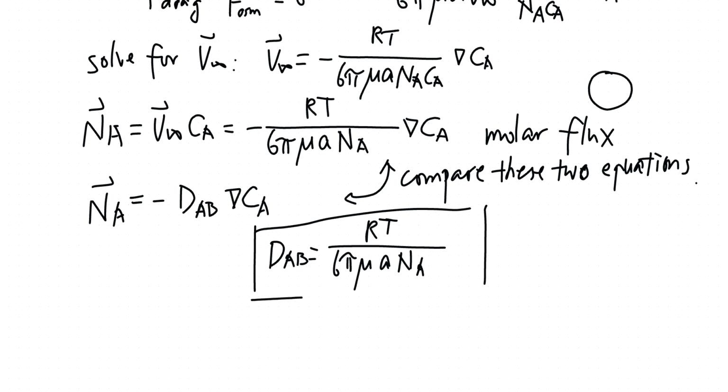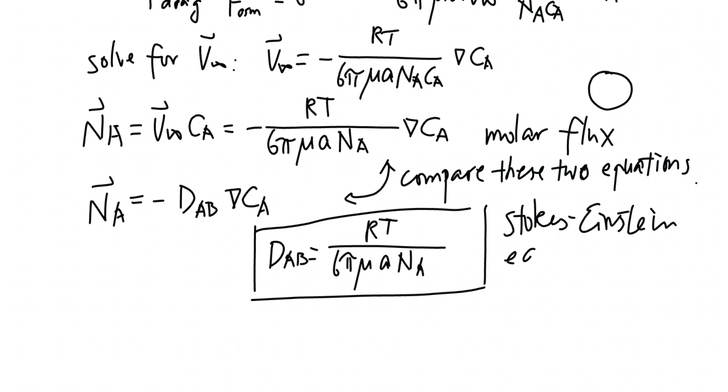This is called the Stokes-Einstein equation for estimating the diffusion coefficient.